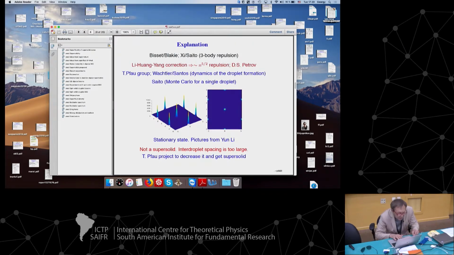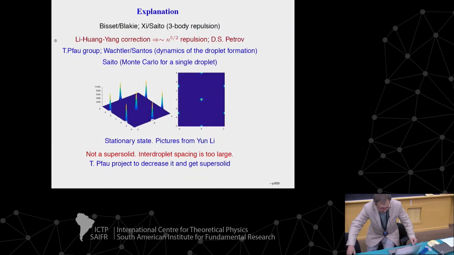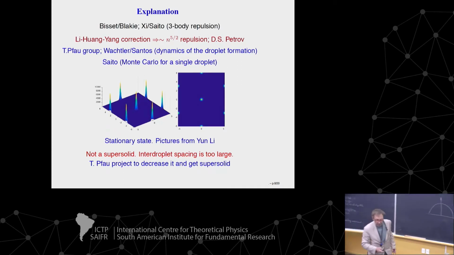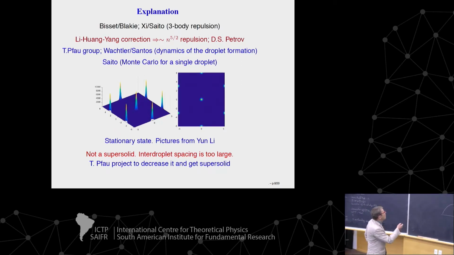Here, I just show you that people were also saying that maybe these droplets are stable because there is three-body repulsion, but this turned out to be inconsistent.